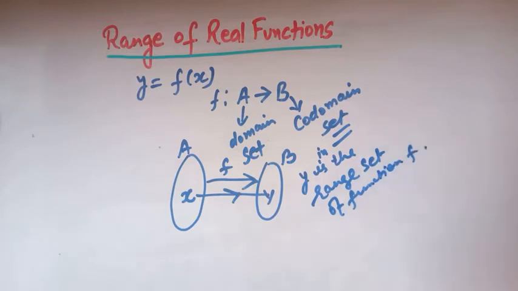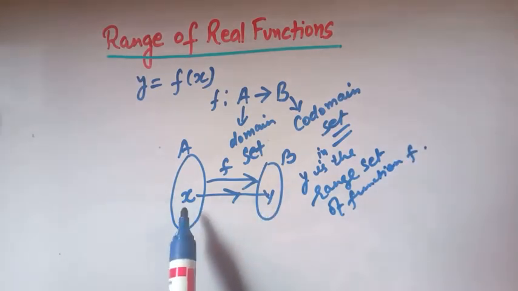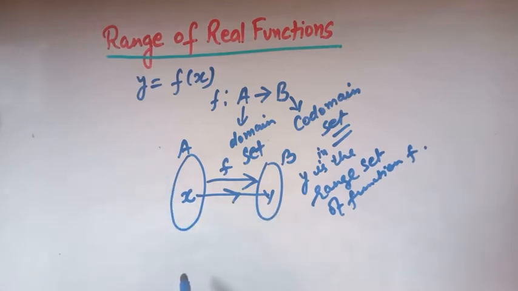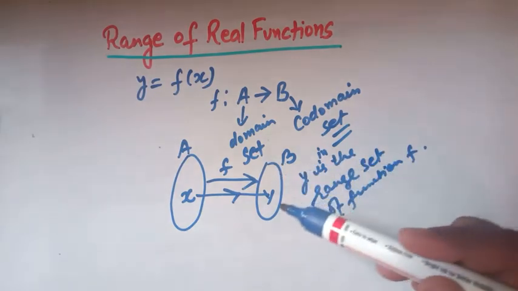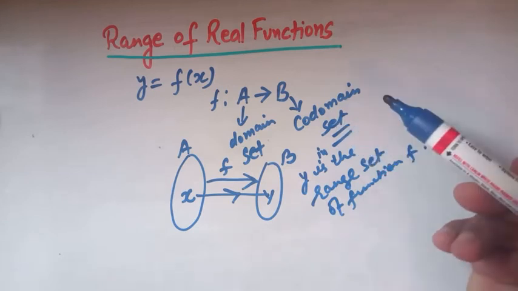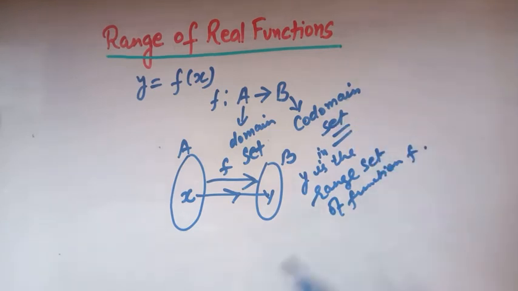Clear? So the image of x under f is y. Now it may happen that the range is equal to the codomain.